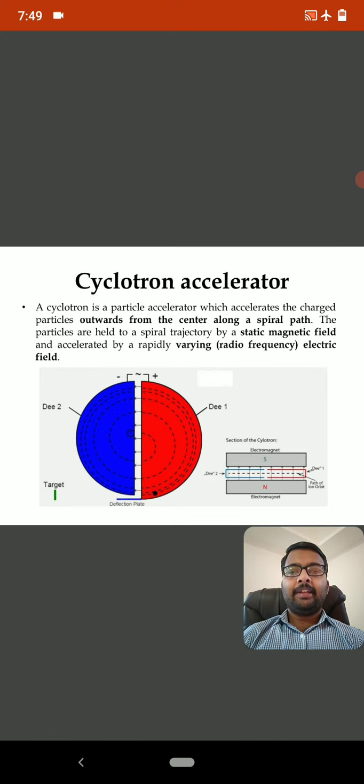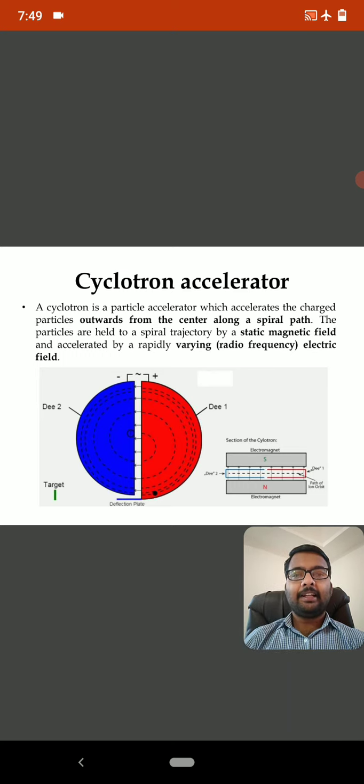The cyclotron accelerator is nothing but a particle accelerator which accelerates the charged particles outwards from the center along a spiral path.